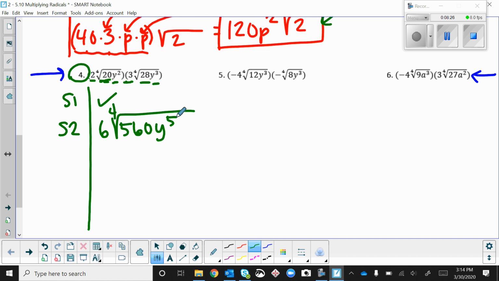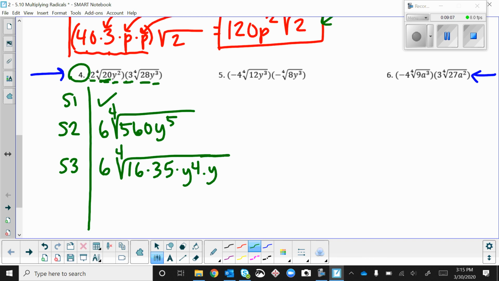And then the last step is to simplify the radicals. Ninja style looks like this. 16 goes into 560, and that has a perfect 4th root of 2, because 2 times 2 times 2 times 2, in other words, 2 to the 4th, or 2 times itself 4 times, is 16, times 35 times y to the 4th times y.